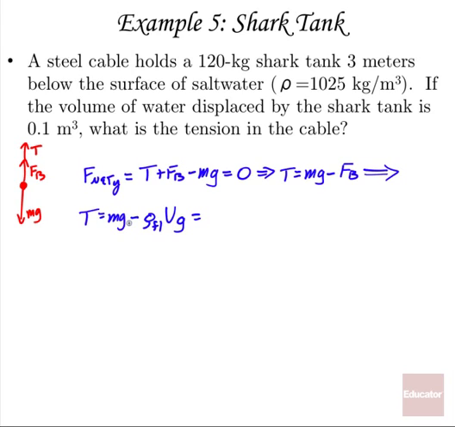So that's going to be mass 120, g 10 meters per second squared, minus density of our fluid 1025 kilograms per meter cubed, times the volume of the water displaced by the tank, 0.1, times g, 10 meters per second squared. Therefore, our tension must equal about 175 newtons.